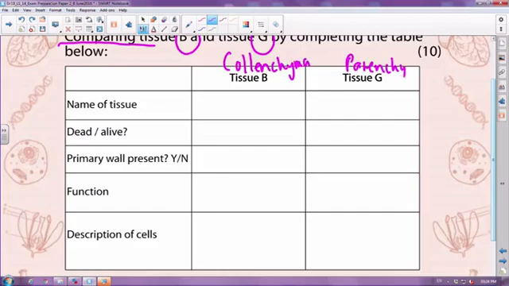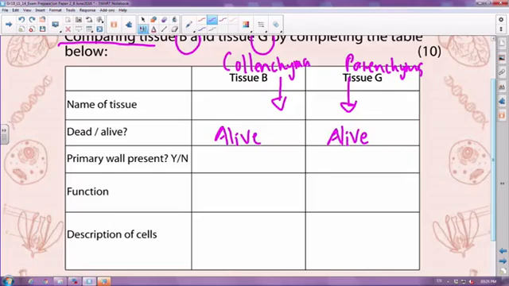I didn't even read my table properly. Dead or alive? Both of them are alive, because which one would be dead? That would be sclerenchyma.